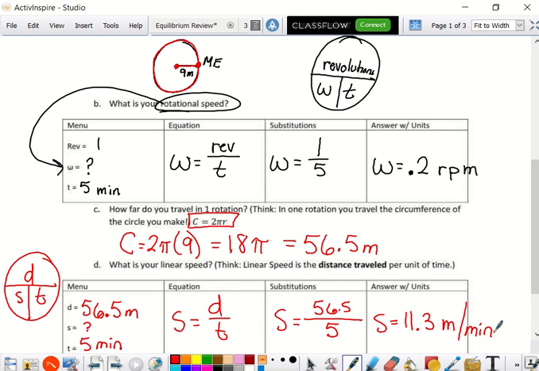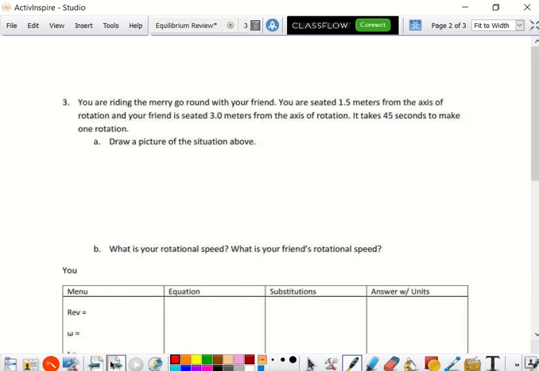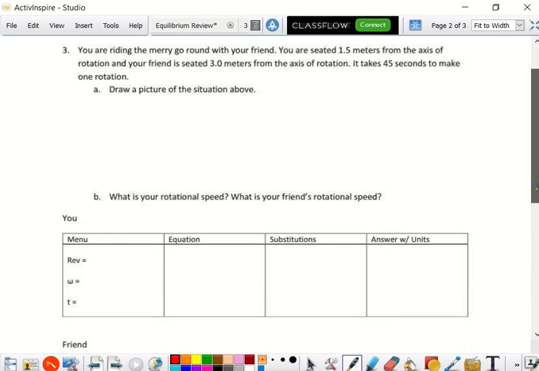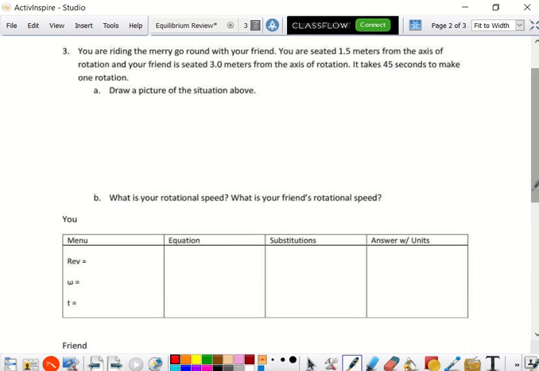All right, let's go ahead and try number 3 as well. We'll go to the back and do that one together. You are riding on the merry-go-round with your friend. You are seated 1.5 meters from the axis of rotation. Your friend is 3 meters from the axis of rotation. Okay, so here we go.